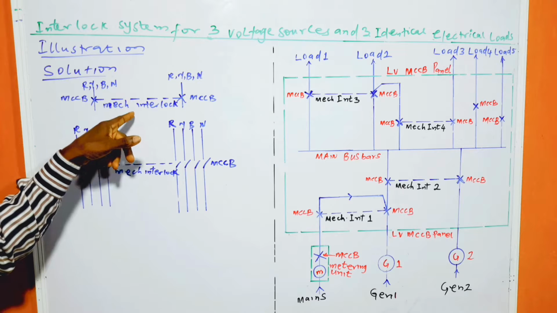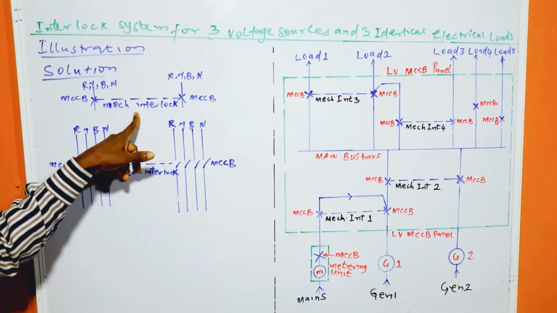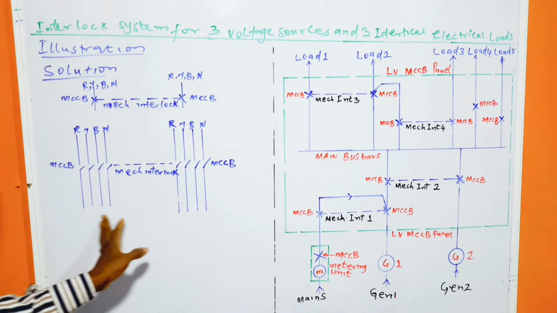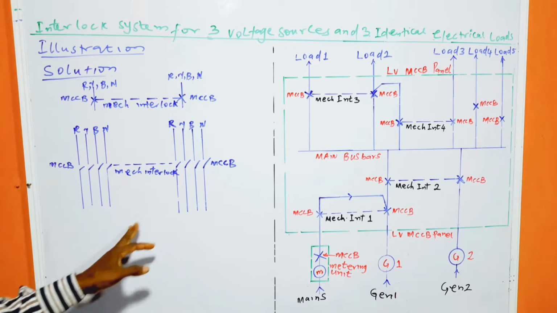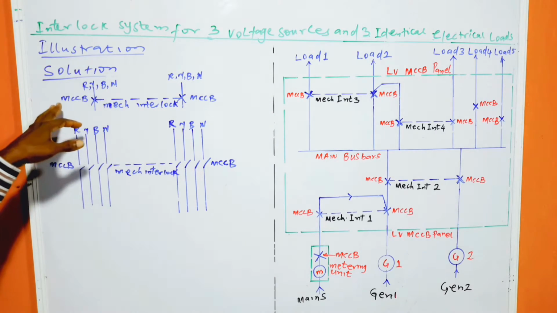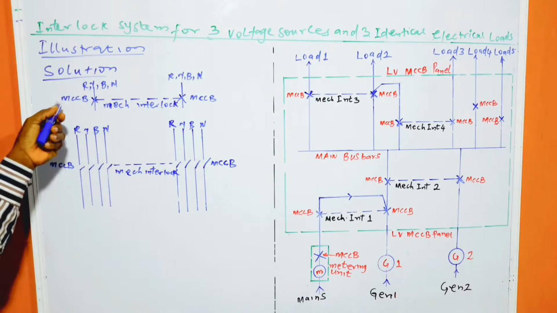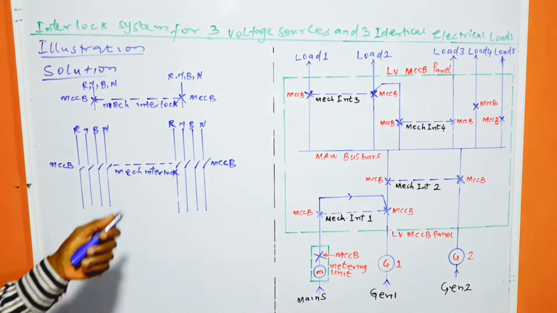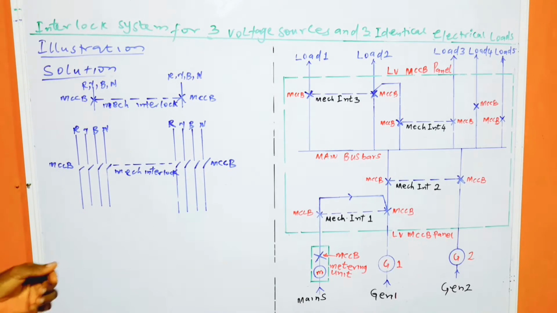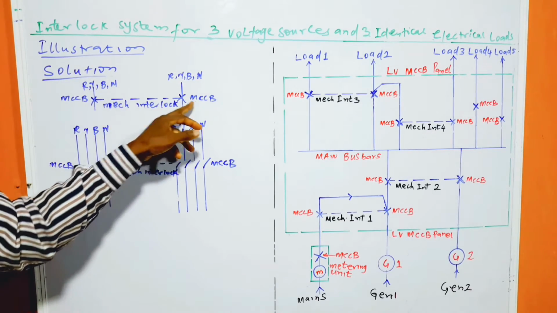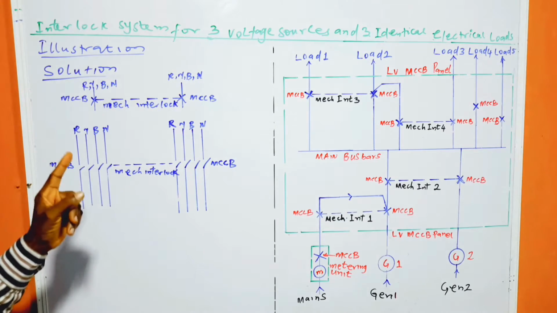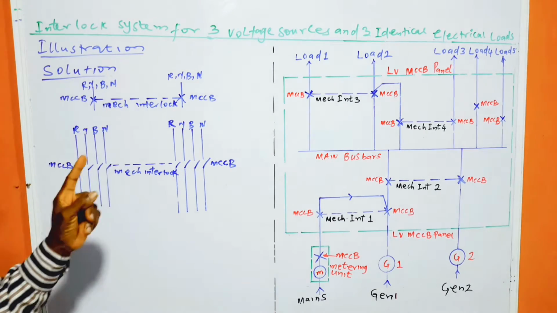This is a single line diagram, and this is the 4-line representation of a mechanical interlock. Basically, a mechanical interlock comprises two moulded case circuit breakers, MCCB1 and MCCB2, coupled together in such a way that the two circuit breakers cannot be switched on at the same time, but they can be switched off at the same time.